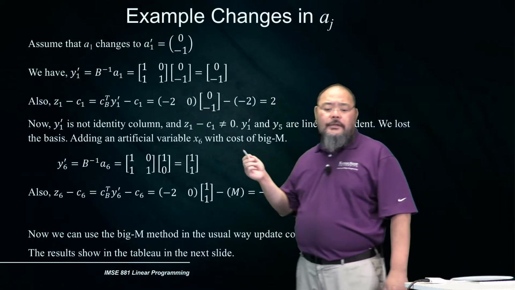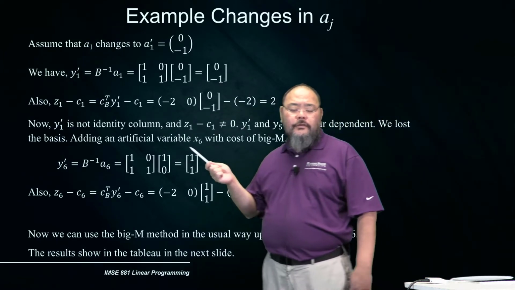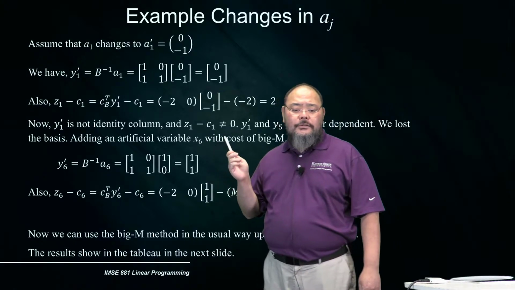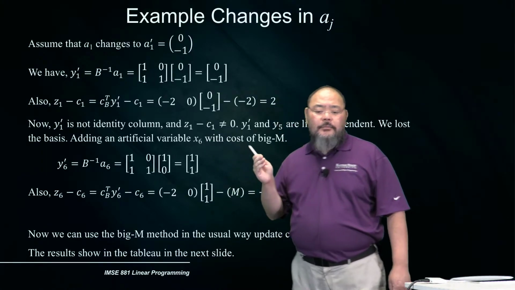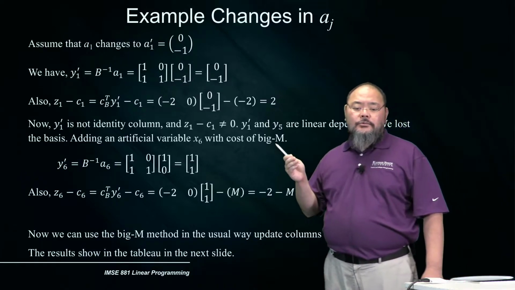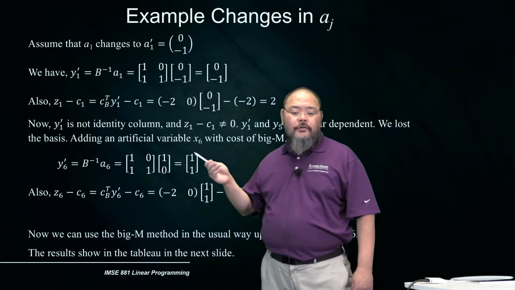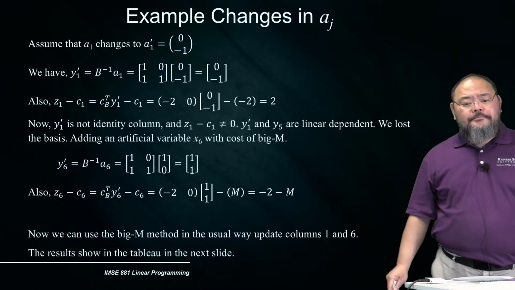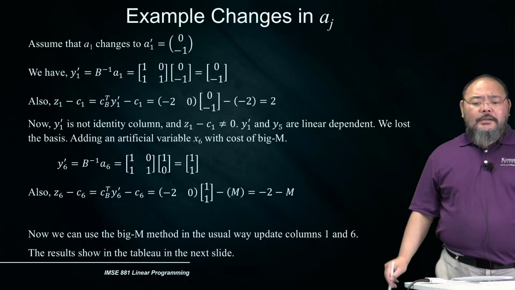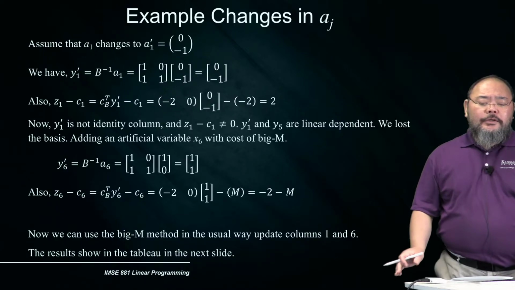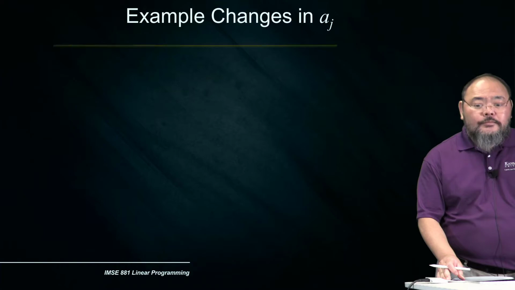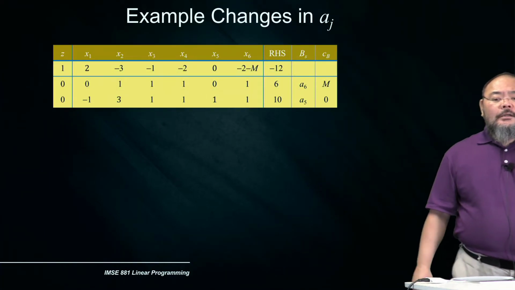So the current basis is lost. What we do is add an artificial variable to our system, and then use the big M method, trying to drive out this artificial variable x6. So we can actually show you an example as a tableau.